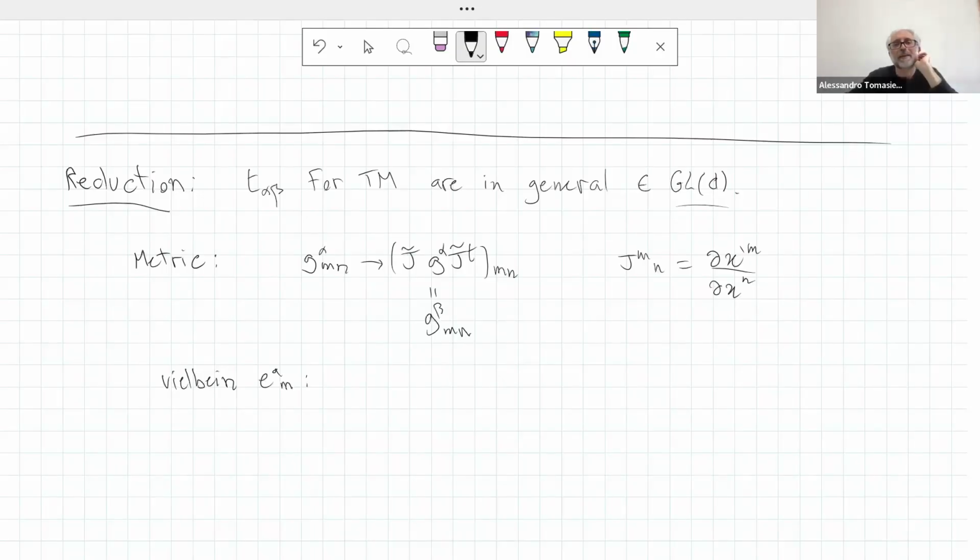The metric in an orthonormal basis, if there is no time, for example, in the Riemannian case without the time, not the Lorentzian case.